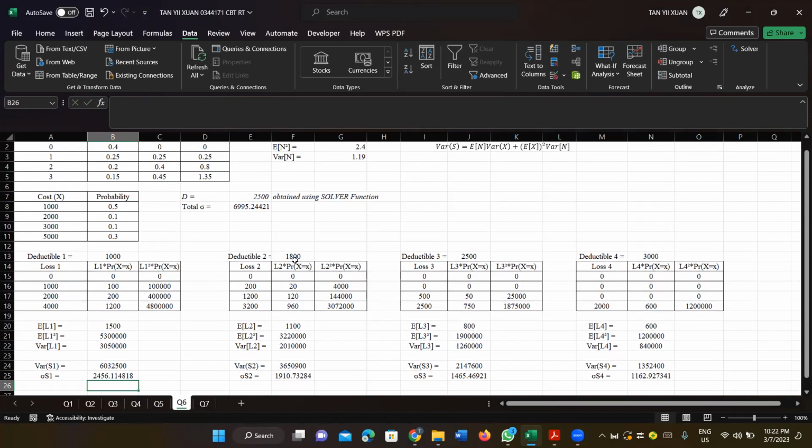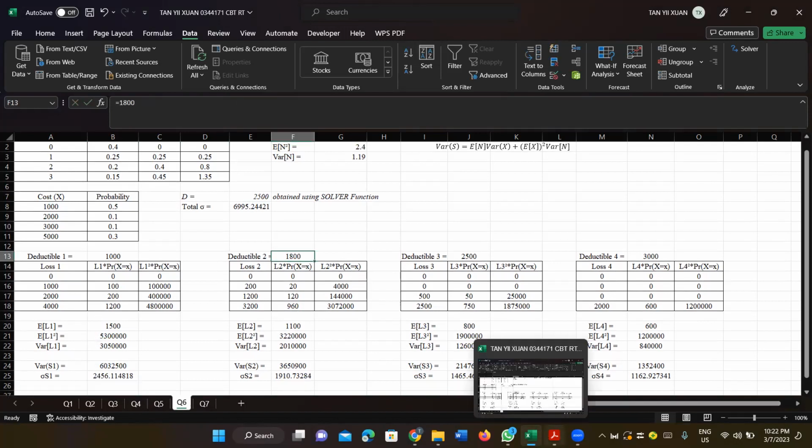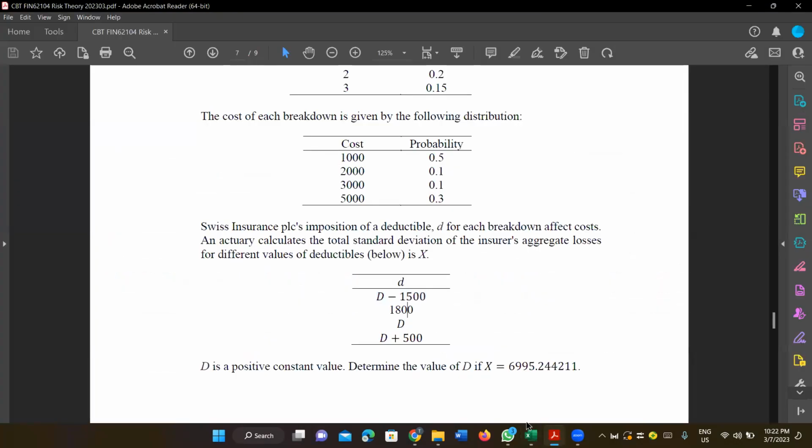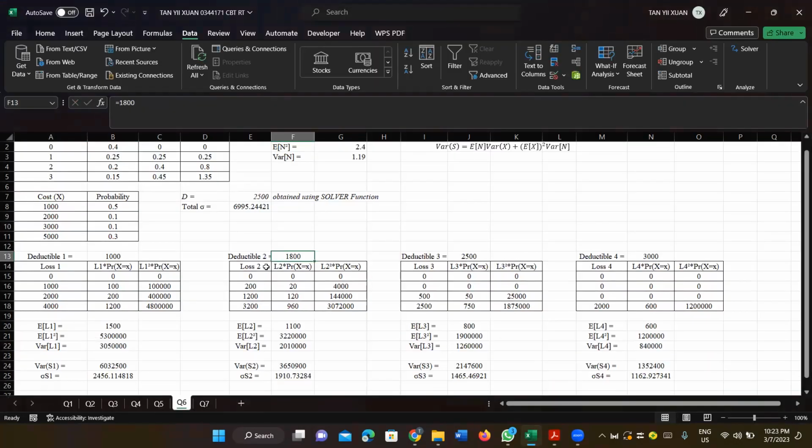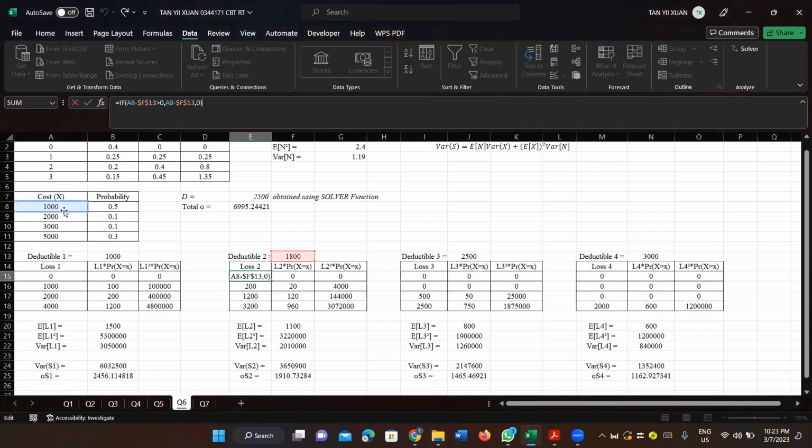We do the same thing for the second, third and fourth deductibles. The second deductible is 1,800. The loss amount is also the same: if X is greater than the deductible, then the loss amount will be X minus the deductible, or else it will be 0.